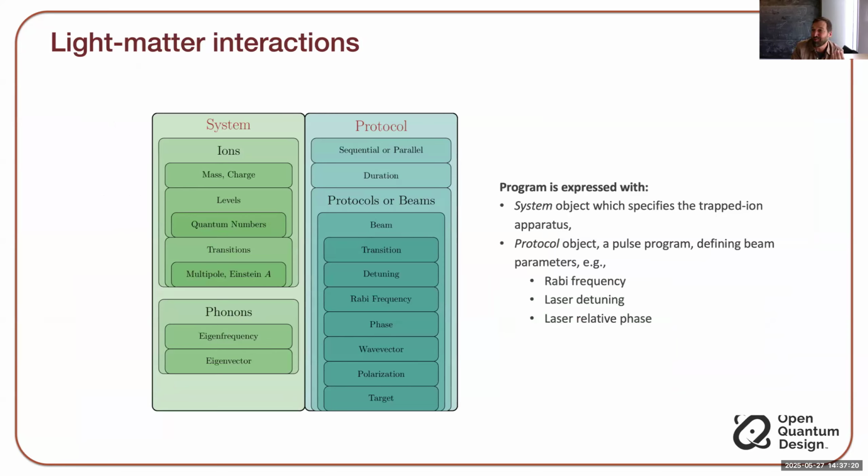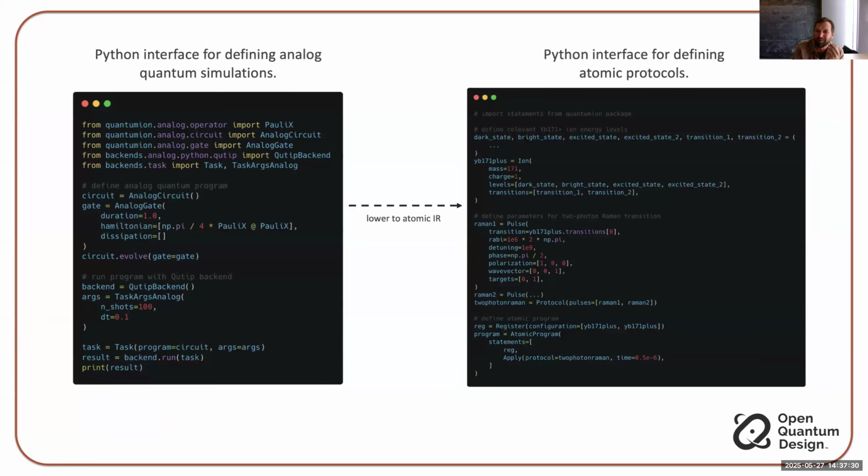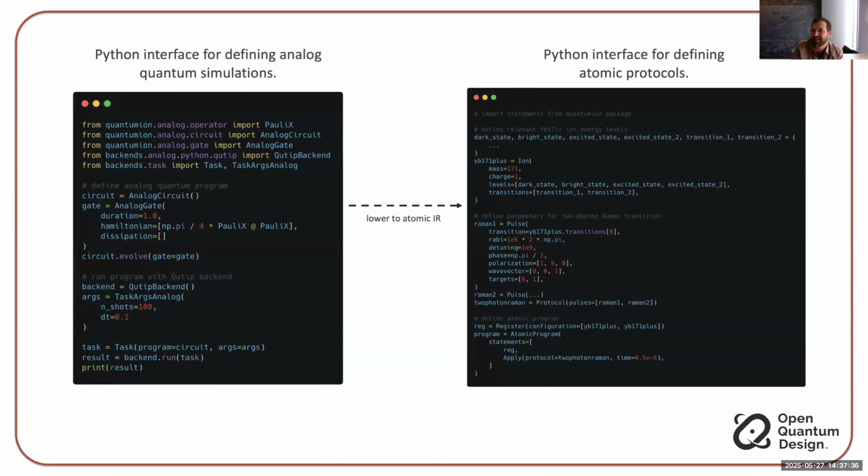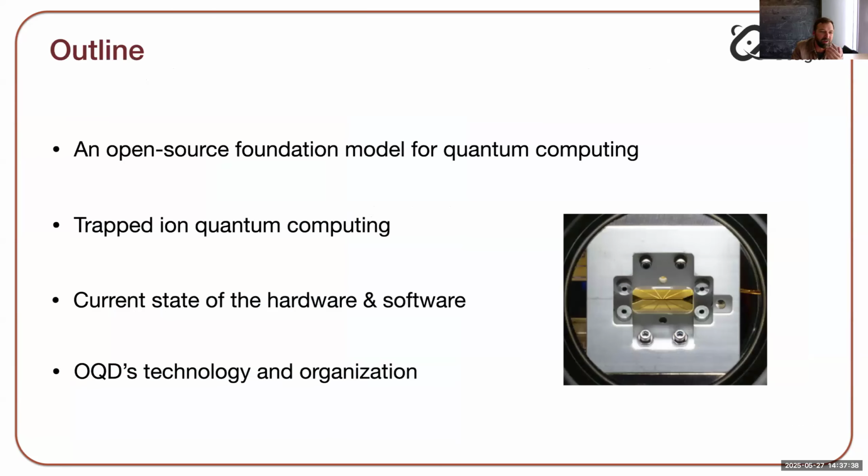If you're an AMO physicist and you want to delve into the light-matter interactions, we release these standards. They're in that intermediate representation. Everything is there. You can experiment with your device or our device. Yeah, AMO protocols, lowering to atomic. We have a lot of compiler work going on right now.